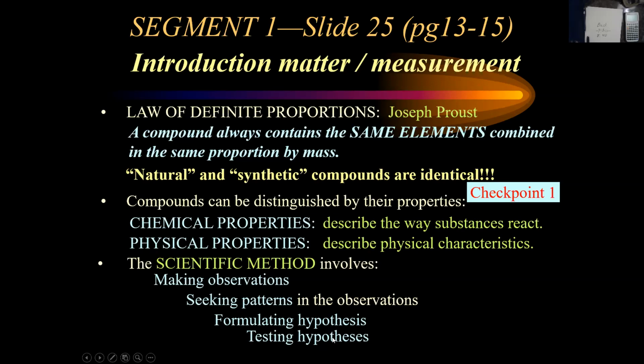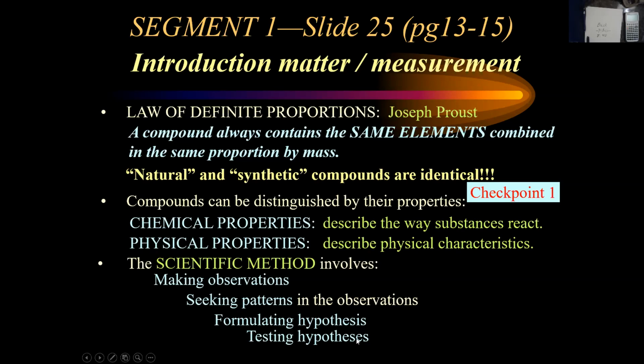Now, here's a critical part of the scientific method. And anything that can't do this is not a science. You have to be able to test your hypothesis. It has to be a real physical test. It can't be a mental test. It can't be of, well, it's obvious that. No, no, no. It has to be a physical test. If this hypothesis is true, you can predict the result of this test.